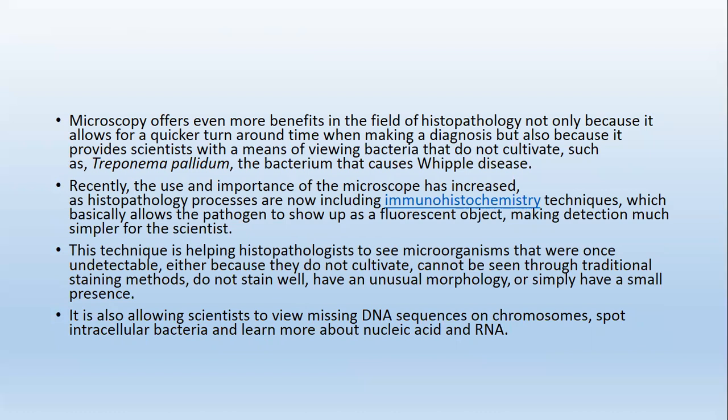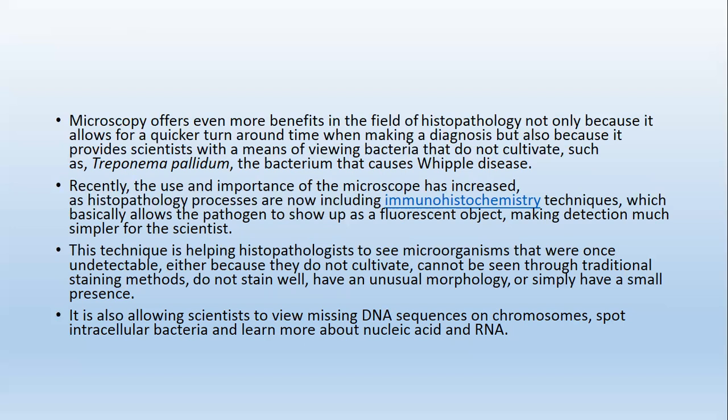Recently, the use and importance of the microscope has increased as histopathologists are now including immunohistochemistry techniques, which basically allow the pathogens to show up as a fluorescent object, making detection much simpler for the scientists.